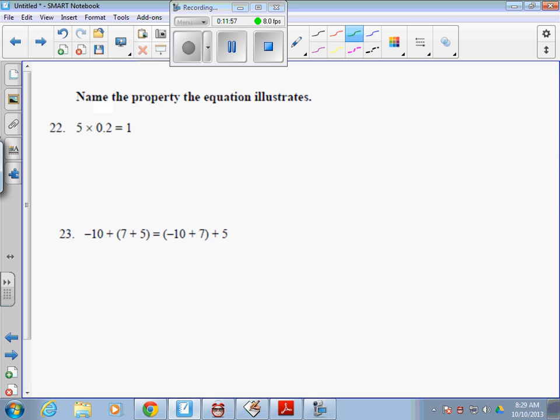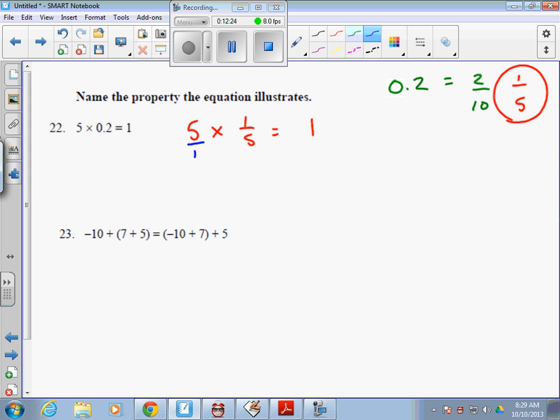22, we name the properties. This is the one. 0.2 is the same thing as 2/10, so go to on the side for a second. It's the same thing as 2/10, which 2 goes into itself once and into 10 5 times, so 1/5. So 0.2 is 1/5. So this is just like saying 5 times 1/5 equals 1. Well, we know that 5 is over 1.